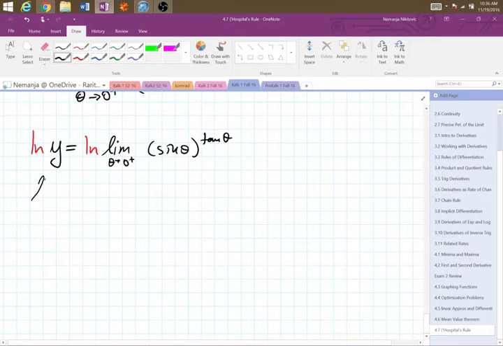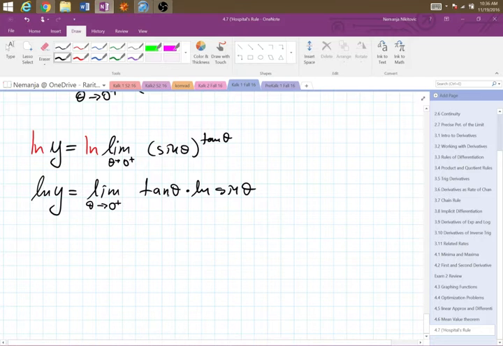So ln y is equal to, remember that we kick the limit out all the way, and then we take the exponent down, and then we have ln of sine theta, multiplication there.